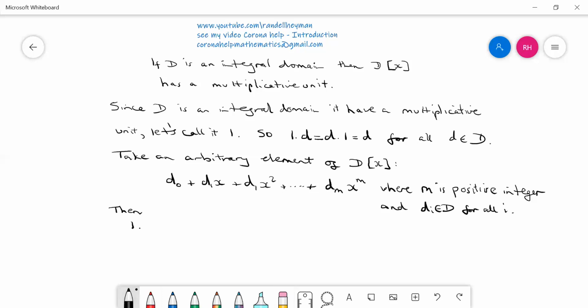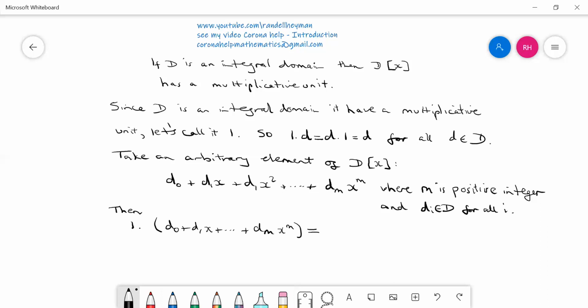So 1 times d0 plus d1x plus dot dot dot plus dm x to the m. Well, this is a polynomial, a very simple polynomial. It's just a constant, times this. Well, the way polynomial multiplication works, remember, all of these integral domains have two operations, addition and multiplication.